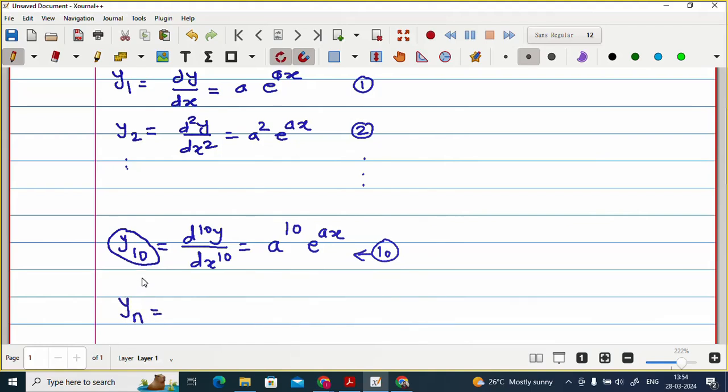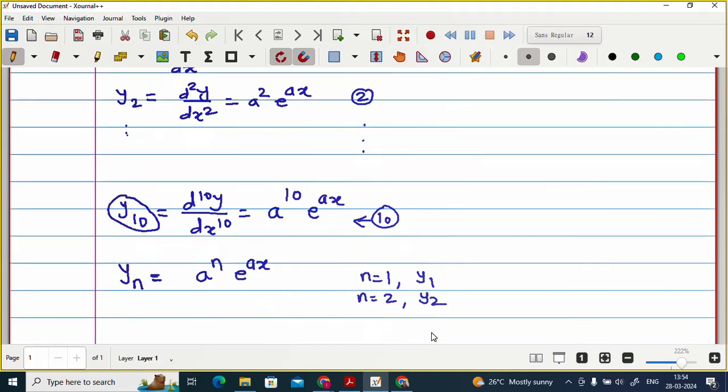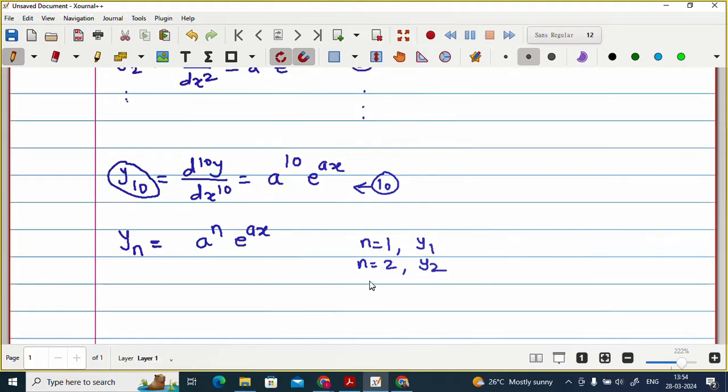So for y equal to e raised to ax, what can you say about the nth derivative? It will be a raised to n e raised to ax. In this, if I put n as 1, I will get the first derivative y1. If I put n as 2, I will get y2, the second derivative, and so on.